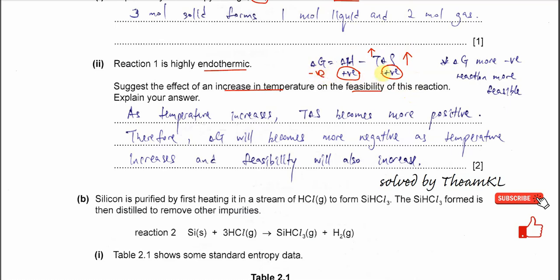So as the temperature increases, until the point that T delta S is larger than delta H, then delta G is negative. So that's the point. This is what you need to write. As the temperature increases, T delta S will become more positive, or you can say negative T delta S will become more negative.